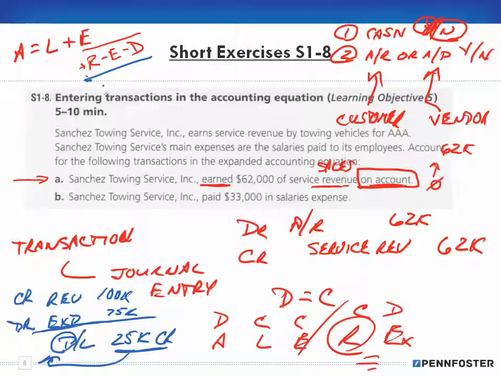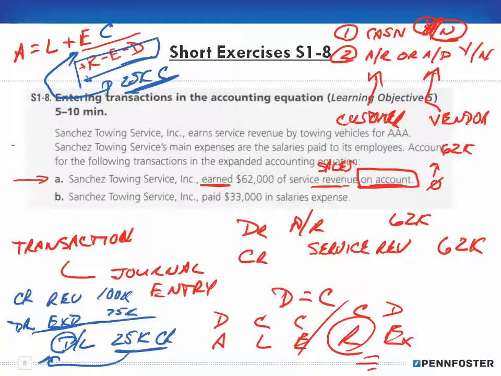If I have a profit of 25,000, and that's a credit, I'm moving it from my income statement and putting it into the equity account. How do I increase equity? I increase equity on the credit side, so my profit has to be a credit. And if my profit's a credit, my revenues have to be a credit.